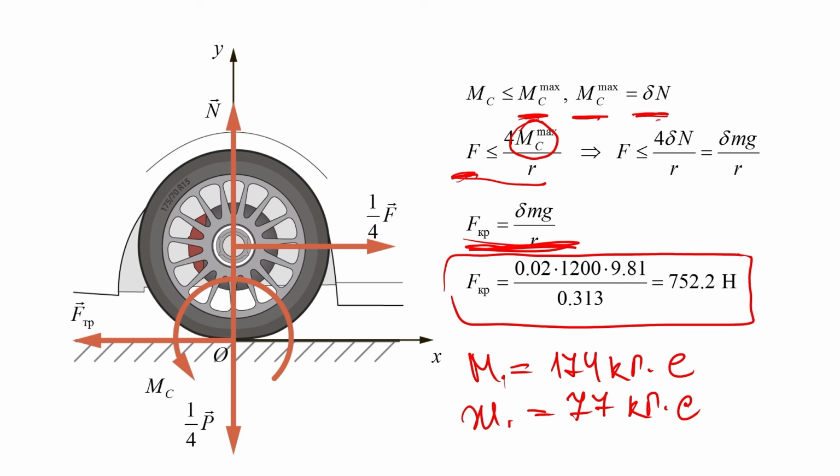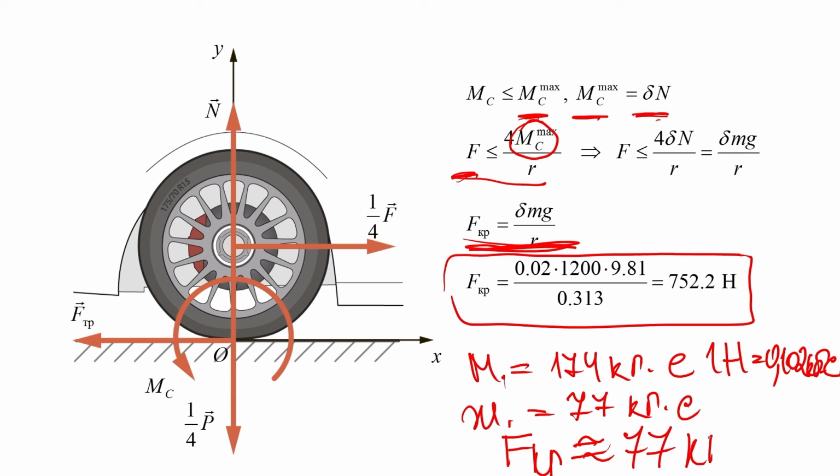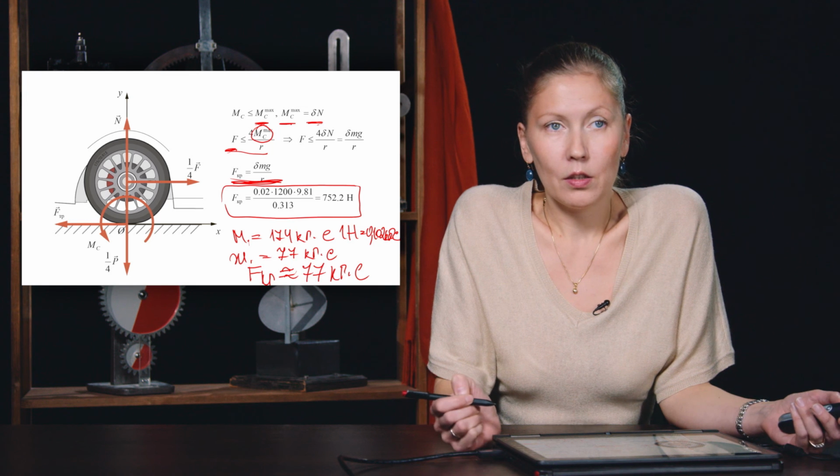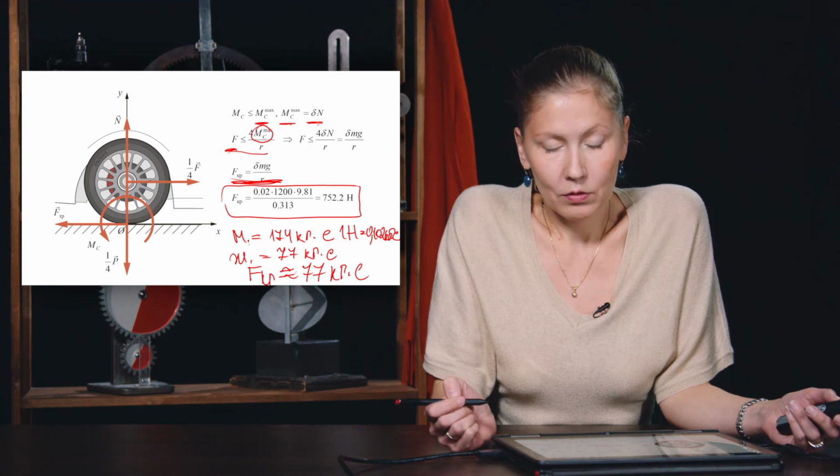Converting the values into kilogram forces, 1 N equals 0.102 kilogram forces, we have that our critical pulling force is approximately 77 kilogram forces, which appears quite plausible. If a car has 1,200 kilograms in weight, then an average woman would be able to move it.